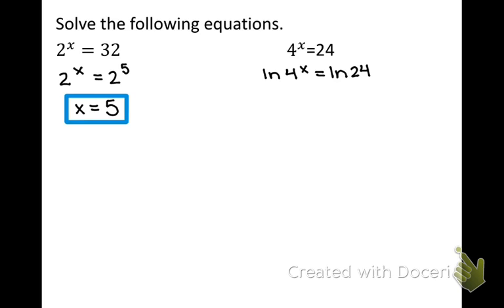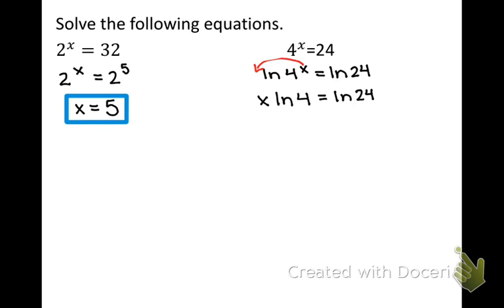Now, we are going to bring our exponent down front. Notice that that right-hand side doesn't have an exponent, so we just don't worry about it. We brought down that x to the front. So we have x ln of 4 equals the natural log of 24. Now, keep in mind, we're solving an equation.